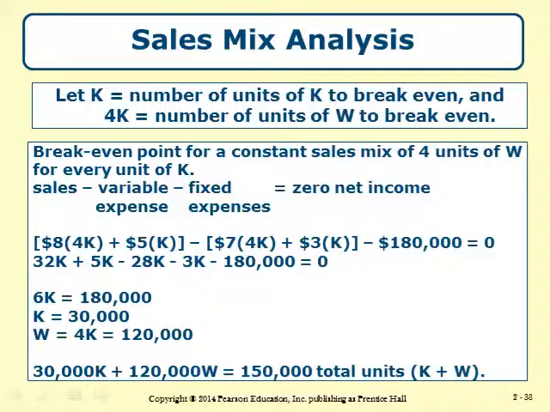And the typical answer assumes a constant mix of 4 units of W for every unit of K or keychain. Therefore, we let K equal the number of units of K to break even, and 4K equal the number of units of W to break even. So the break-even point is 30,000 units of K or keychains plus 120,000 units of wallets, which is equal to 150,000 units.